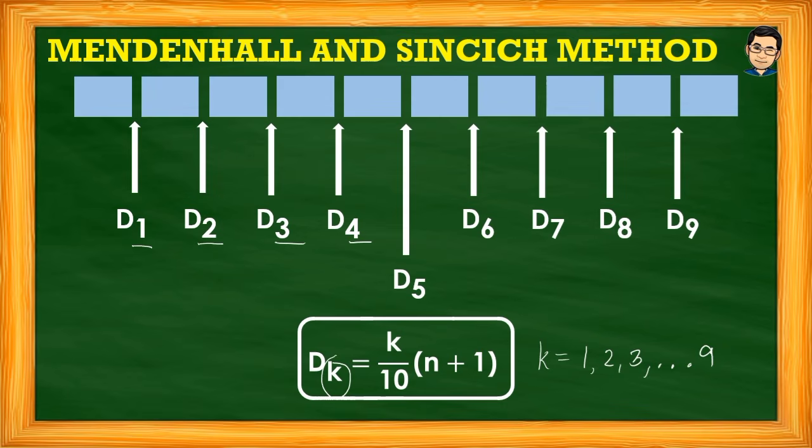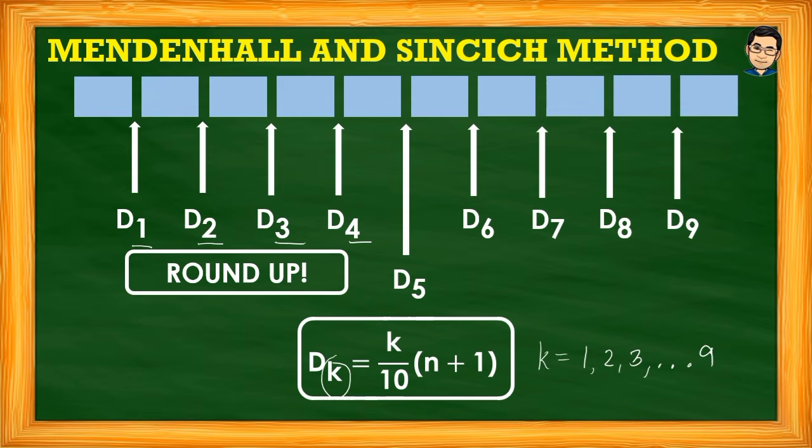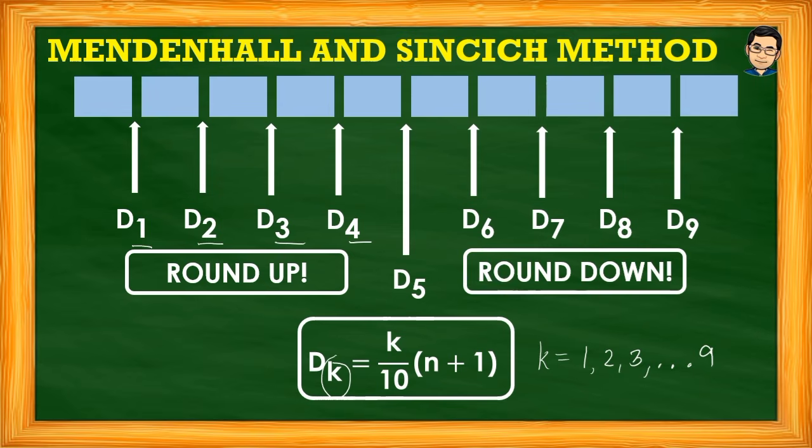When the value is on the left side, below the fifth decile, we round up. When it is on the right side of D sub 5, we round down. For example, if the value we got for D sub 3 is 8.6, we round it up to 9, so we take the 9th data.